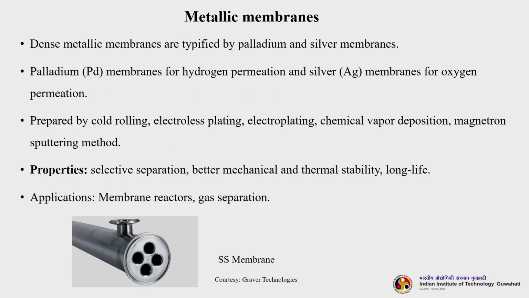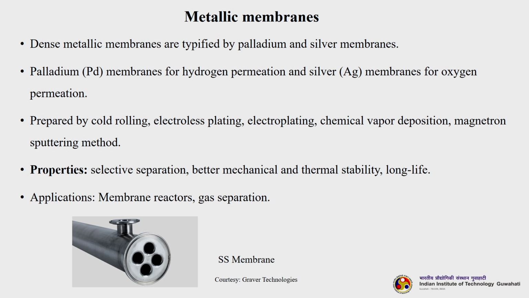So, next is the metallic membranes. These dense metallic membranes are typified by palladium and silver membranes. Metallic membranes are not limited to palladium and silver, there are many, but these are widely used. Palladium membranes are exclusively prepared for hydrogen permeation and silver membranes for oxygen permeation.